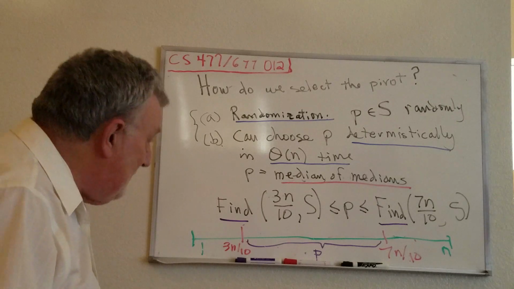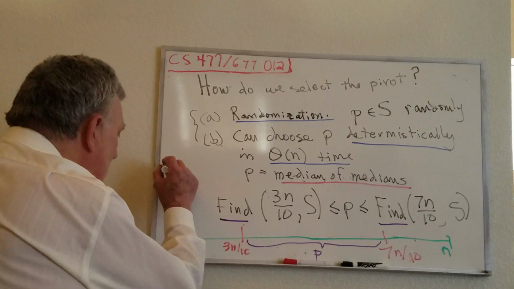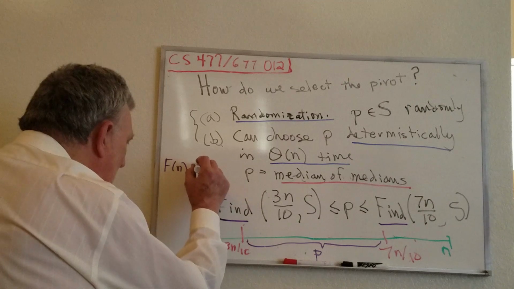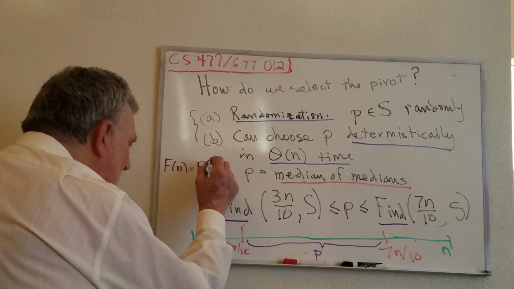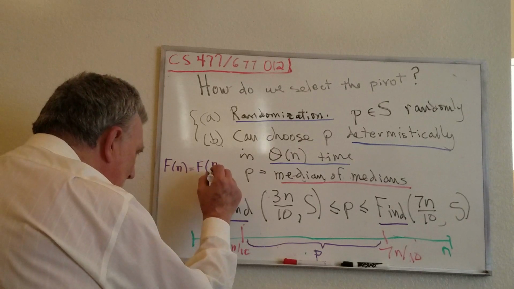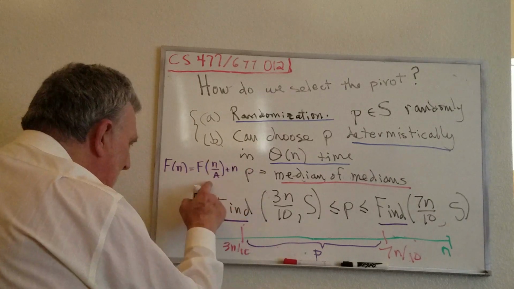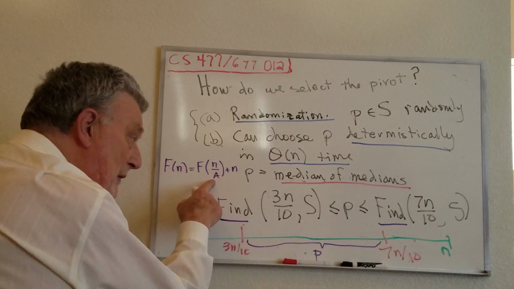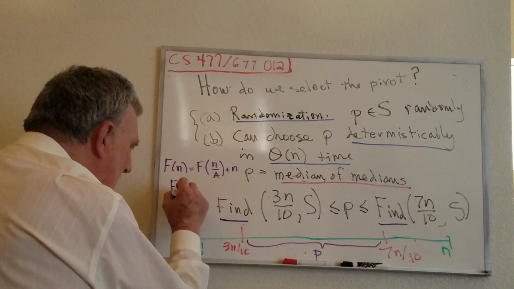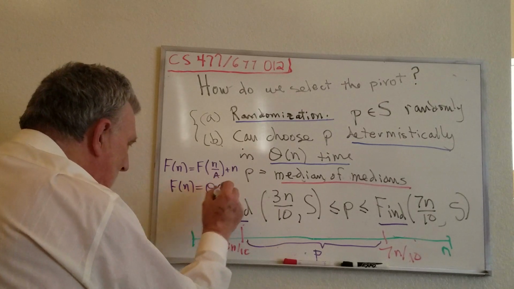So the recurrence we get in the case of randomization is f of n is equal to f of n over a, plus n, where a is some number which is larger than 1, and so therefore, on the average, this works out to be theta of n using the master theorem.